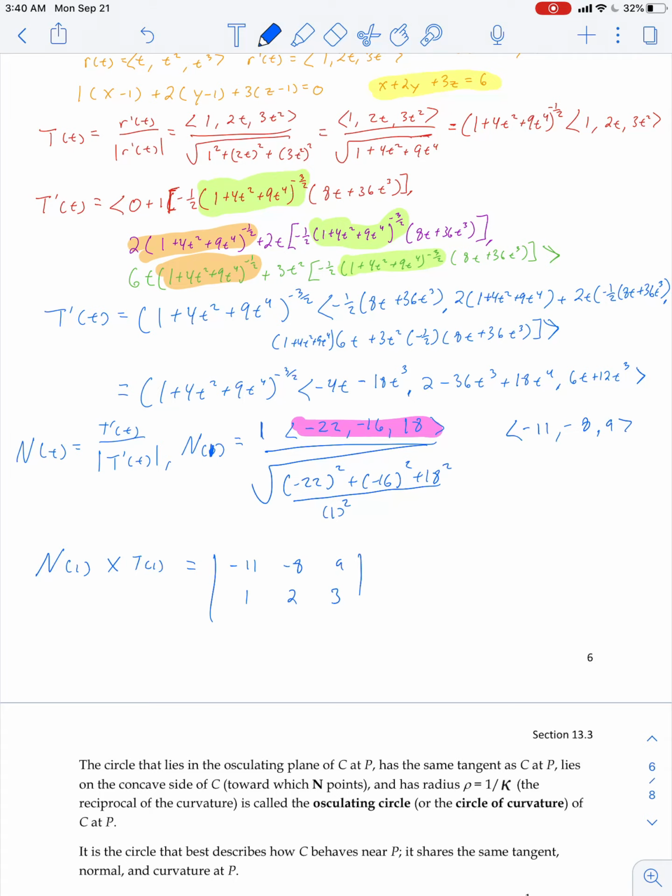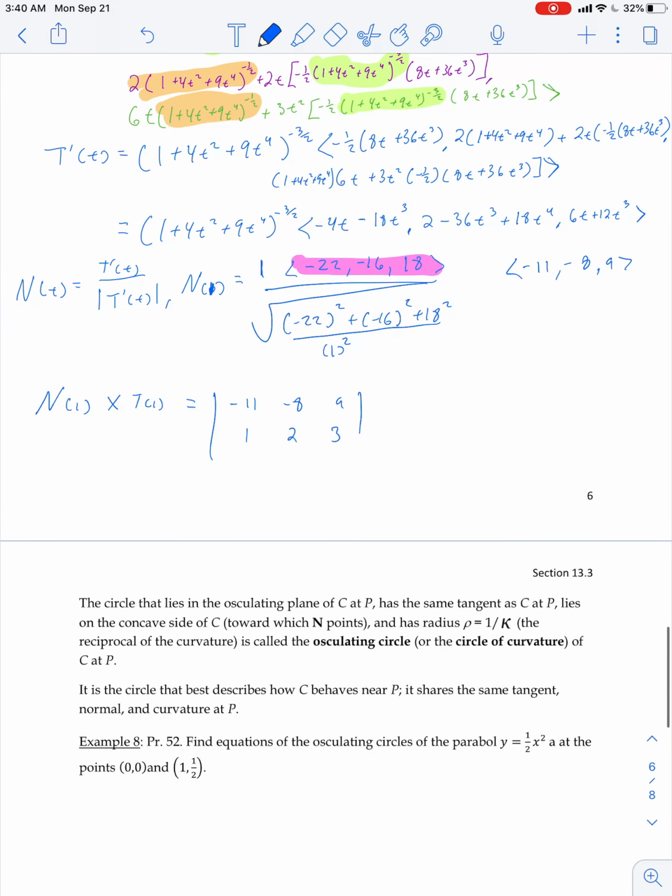Alright, so multiplying a normal vector, not the unit normal, just a normal vector times a tangent vector, not the unit tangent vector. And now that I have this, I can go ahead and do the cross product, and so I'll multiply, and I'm going to get negative 8 times 3, which is negative 24, minus 18.